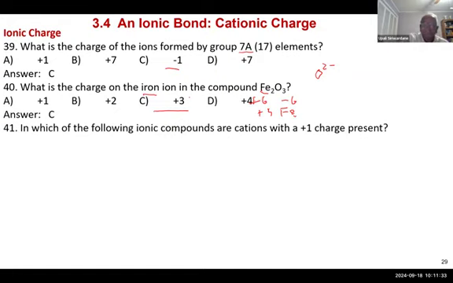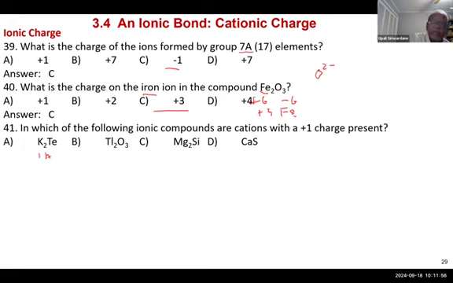We need to figure out ionic charges from the formula. That's one of the questions. Which of the following ionic compounds have cations with positive 1 charge? This is 1A.